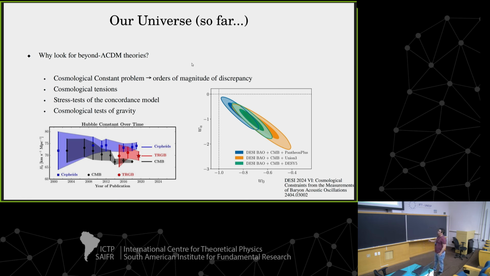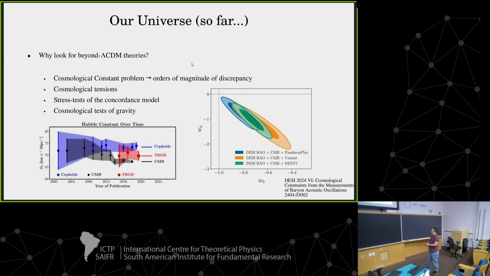It's not tension per se, because there has been recent work in the literature that rephrases this type of analysis, in the sense that supernovae actually prefer a very different total matter energy density than what we have from BAO and CMB.